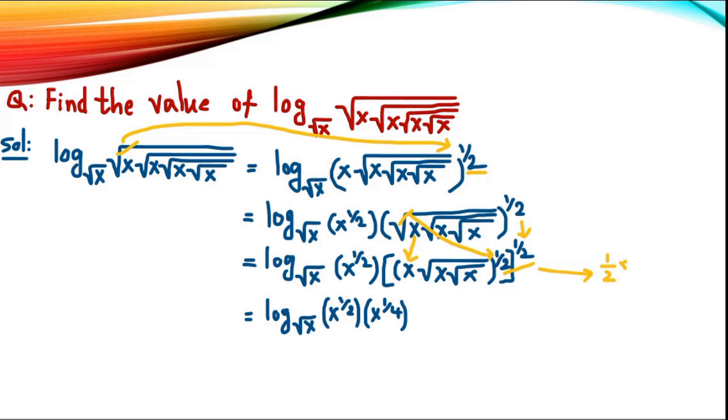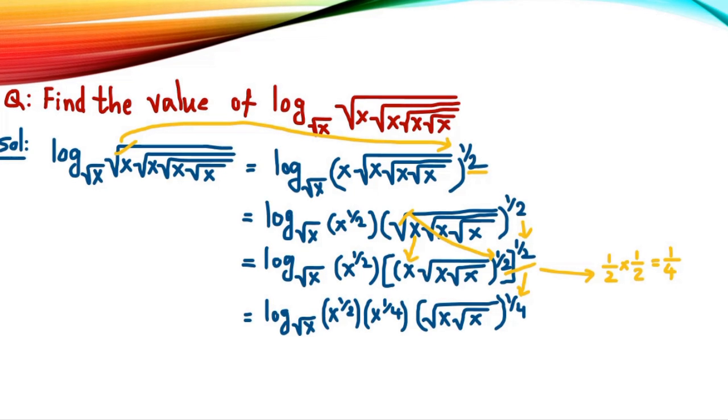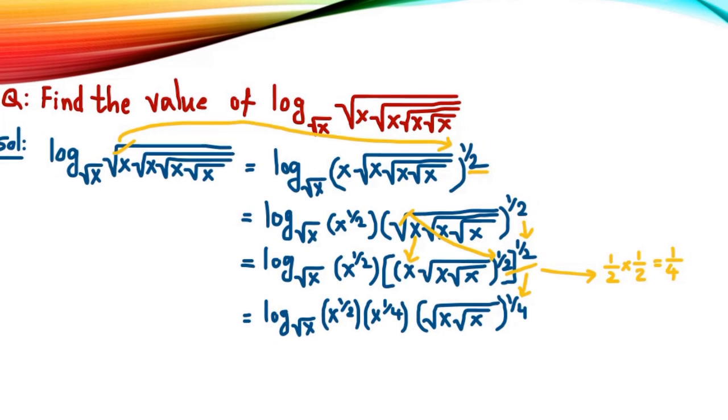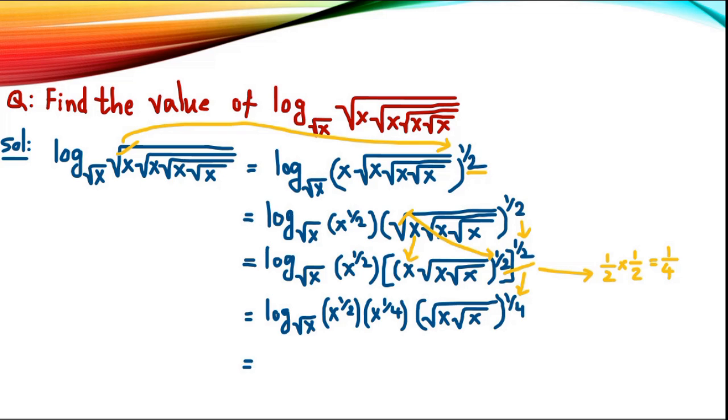So we have 1 by 2, 1 by 2 as power. Now simplify these powers. Since they are multiplying, it becomes 1 by 4. So the whole power is 1 by 4.